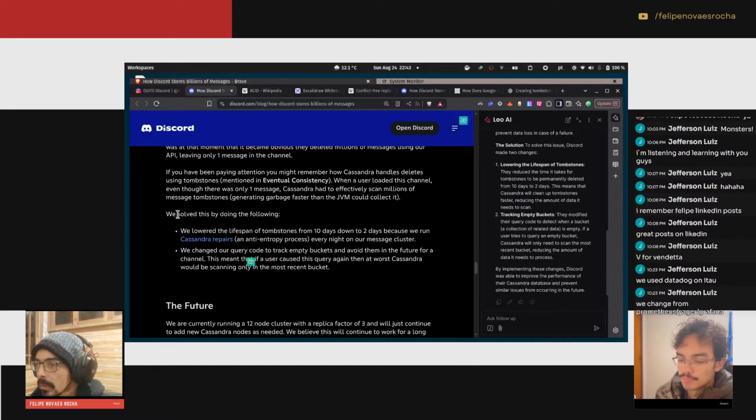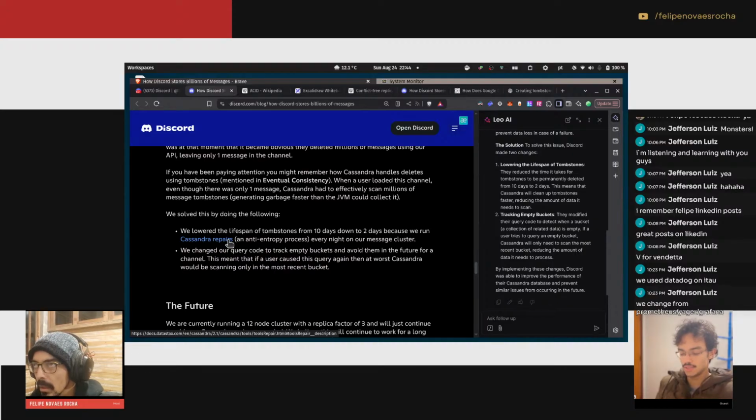Okay, so let me first read it here. Let's remember the problem. We solve this by doing the following. We lowered the lifespan of tombstones from 10 to 2 days because we run Cassandra repairs, an anti-entropy process, every night. So that's some tooling, I guess.